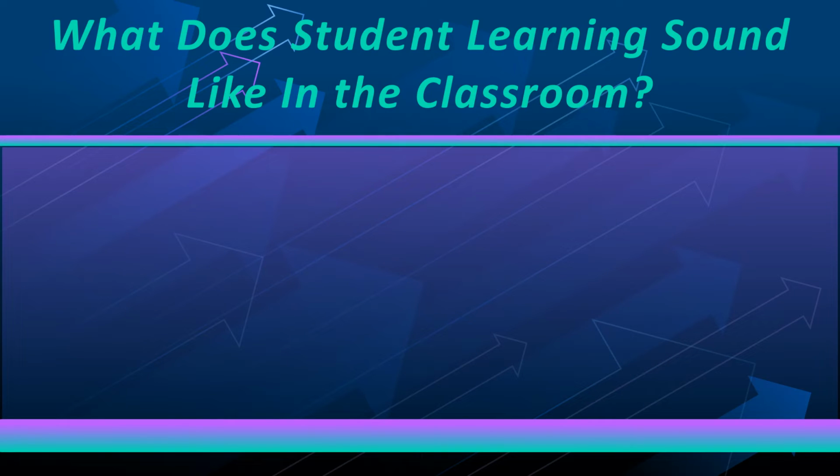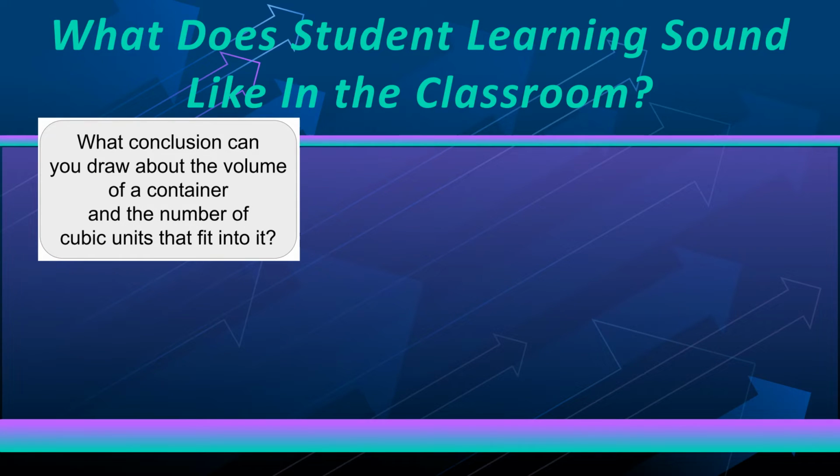The types of questions we ask the students will help facilitate the student conversation within the math classroom. Here are a few examples of math chat questions taken from STEMscopes. In the first question, students should reason that the number of unit cubes it takes to fill up the rectangular prism represents the volume of that 3-dimensional figure.